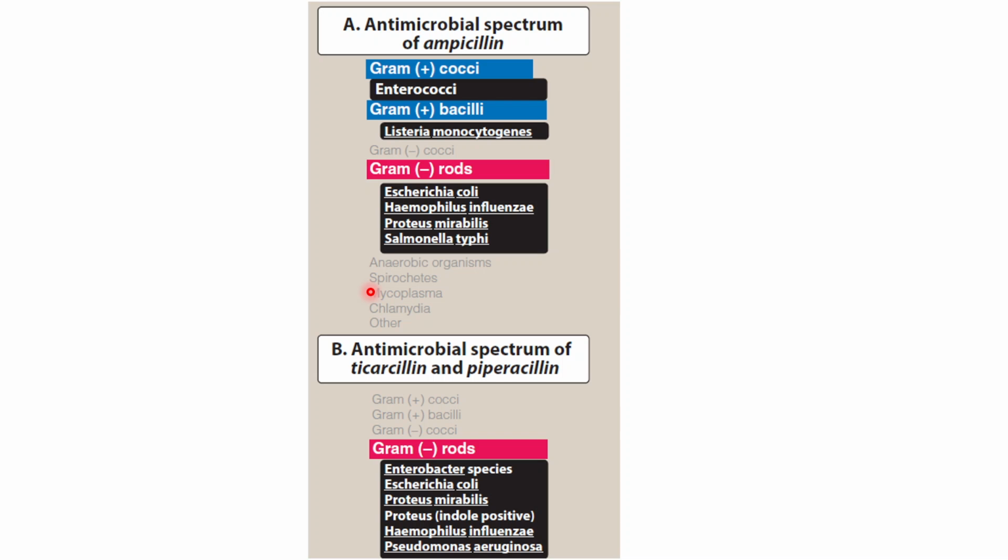Then the next group is anti-pseudomonal penicillins, and these include ticarcillin and piperacillin. So these two antibiotics additionally cover Enterobacter species, Escherichia coli the same as the previous, Proteus mirabilis the same as the previous, then Haemophilus influenzae the same as the previous.